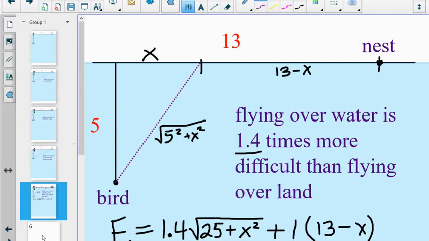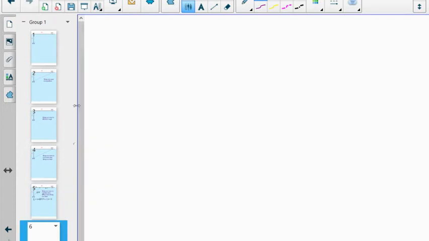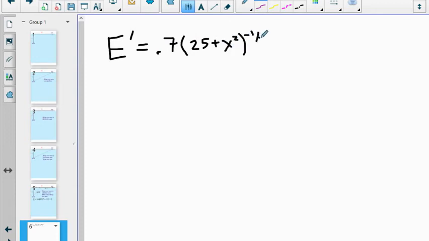Solving this is going to be a little bit of a pain, especially since I'm writing with a mouse. But I've got mine written on paper, so I'm going to save myself a little time and say that my derivative function, e prime, is going to have 1/2 of 1.4, so 0.7 times 25 plus x squared to the negative 1/2 power, times the derivative of the stuff inside.